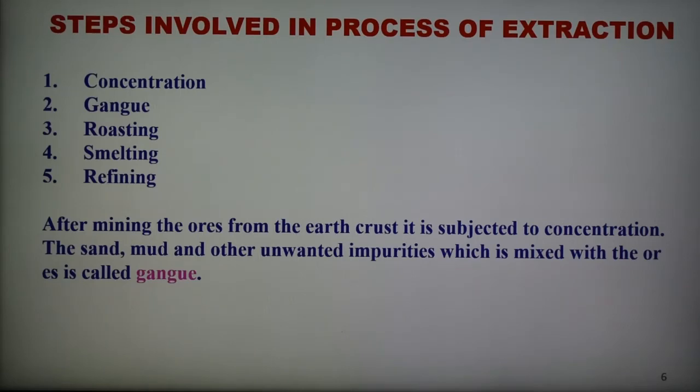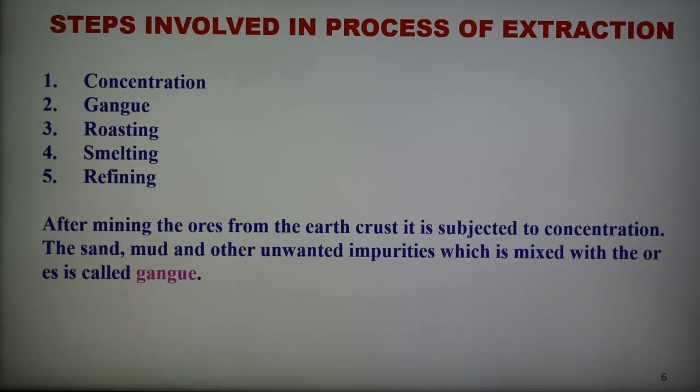The first step is concentration. Concentration of the ore is the process in which the impurities are removed before going to the next step. In the case of concentration, the ore obtained from the earth's crust is associated with rocky and siliceous impurities.